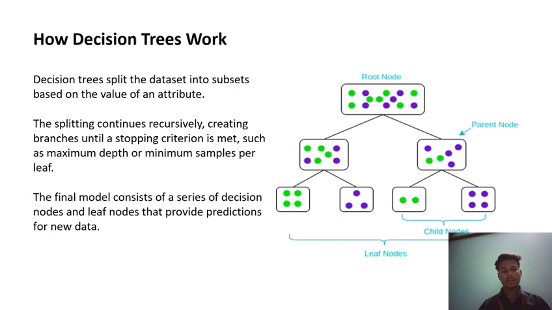The splitting continues recursively, creating branches until a stopping criterion is met, such as maximum depth or minimum samples per leaf. The final model consists of a series of decision nodes and leaf nodes that provide predictions for new data. The examples: root node, parent node, child node, leaf node.